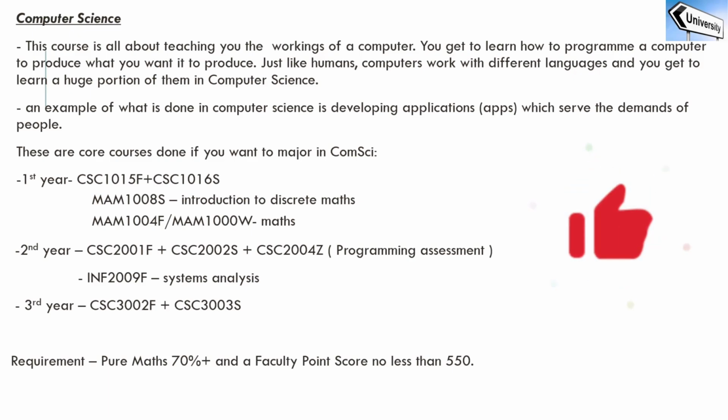Okay, so computer science 1015 and 1015F for first semester and 1016 for second semester. That is the hardcore computer sciences for level 1, which you will need if you major in computer science. Second year computer science is level 2. It's 2001F first semester, 2002 second semester, and that Z, it's the CSC 2004Z.